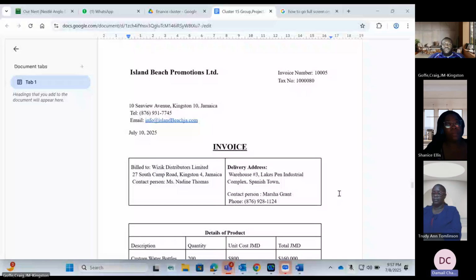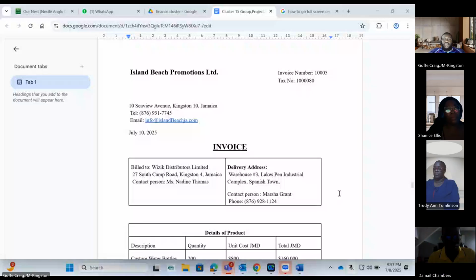Another disadvantage is administrative and operational costs. Generating, verifying, and managing invoices requires administrative resources, including staff time and technological systems.